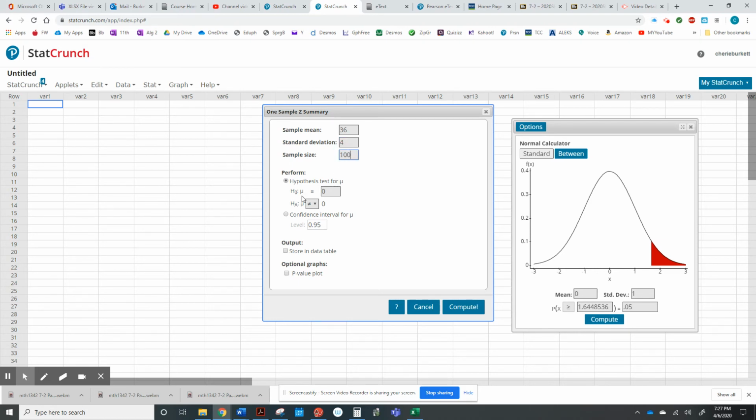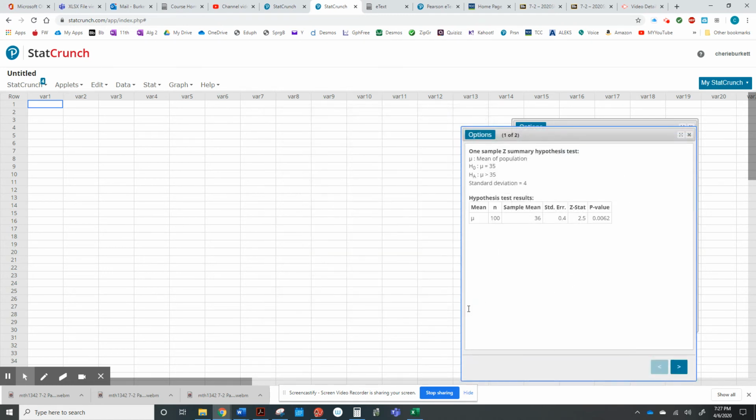We're doing the hypothesis test, and the one that contained equality was equal to 35. Your alternative was greater than this time. I never did look at the plot a while ago. So I'm going to compute it.